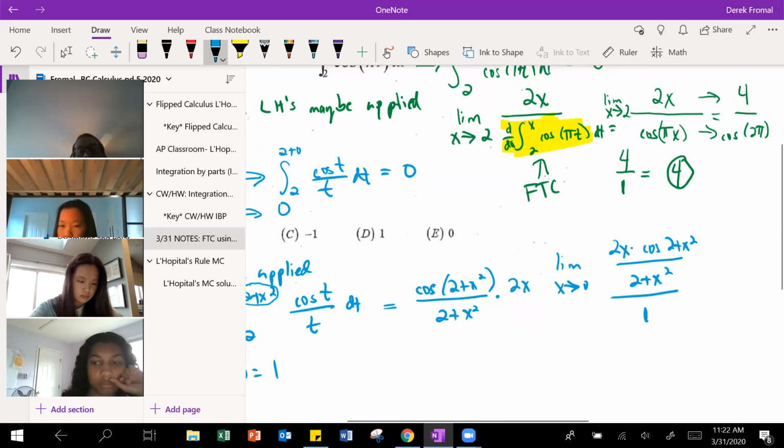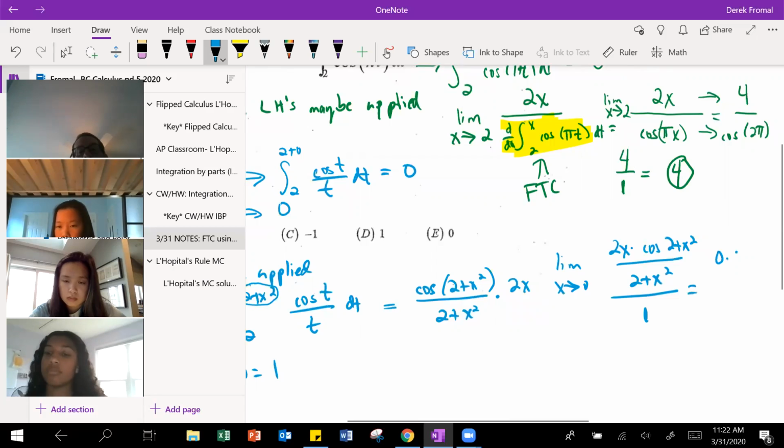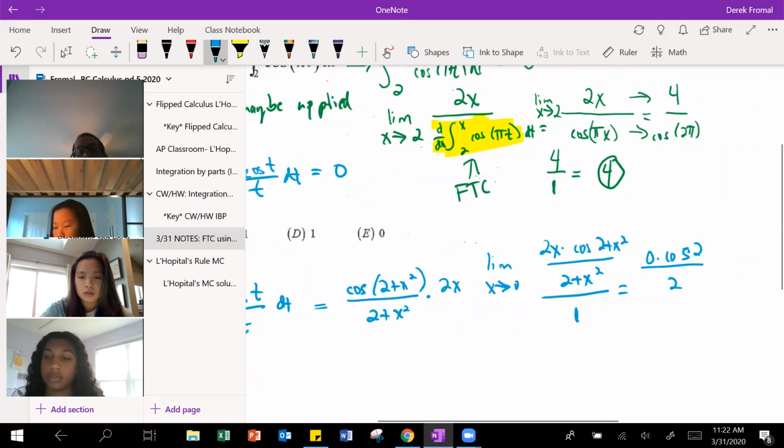Well, sine of x over x as x approaches 0 is equal to 1. But in this case, if I now do direct substitution, I get 0 times the cosine of 2 over 2. Well, 0 times anything is going to equal 0. So I'm going to say the correct answer to this problem is 0.